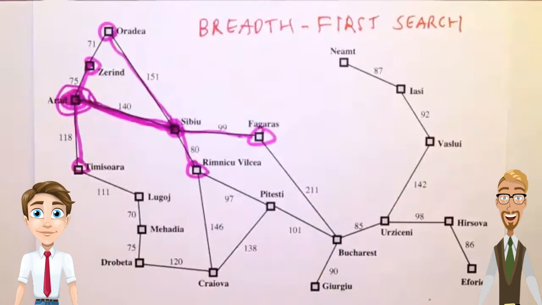There are 4 possible actions to take from Sibiu: the path to Oradea, the path to Fagaras, the path to RV, and the path back to Arad. Because Arad is already expanded, we cannot take that action in the graph search.